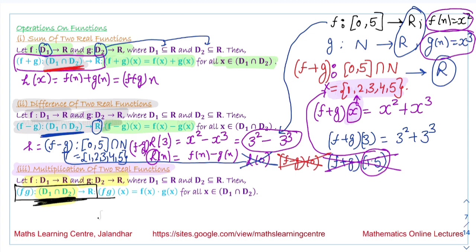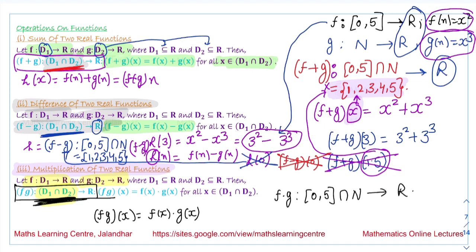Then (fg)(x) is equal to f(x) into g(x). So in this case, f into g is a function defined from the closed interval [0, 5] intersection N to R. And how is it defined? (fg)(x) is equal to f(x) into g(x).